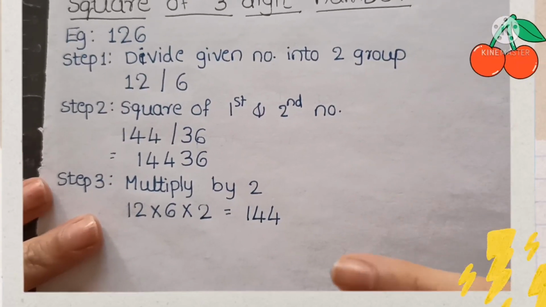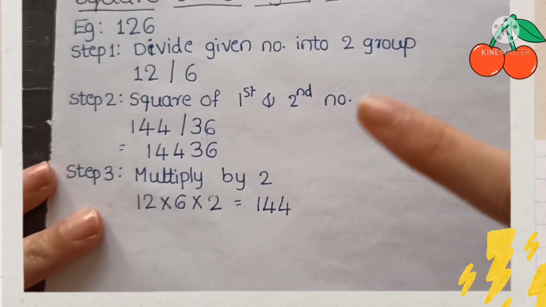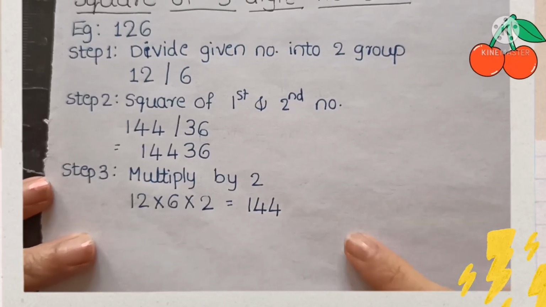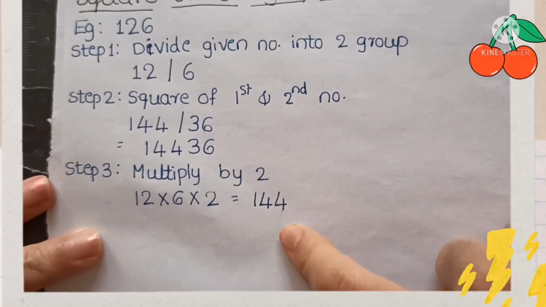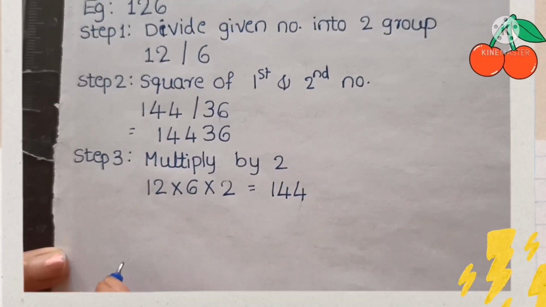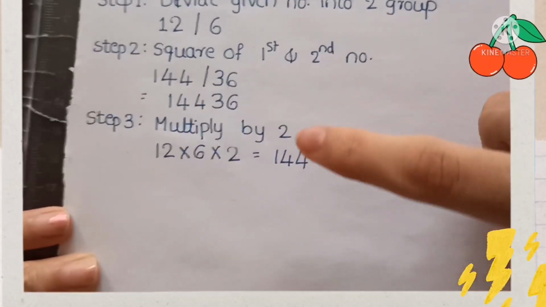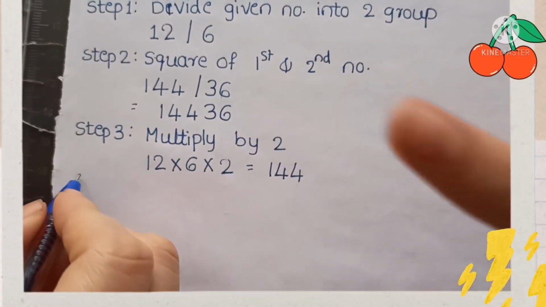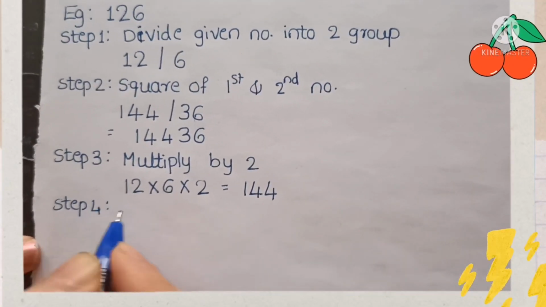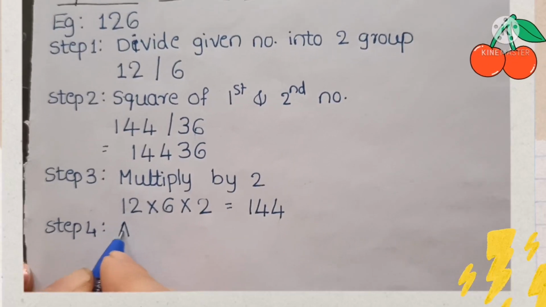After that we write the answer, and then we have to add this and this number, but we don't write it as we usually do.